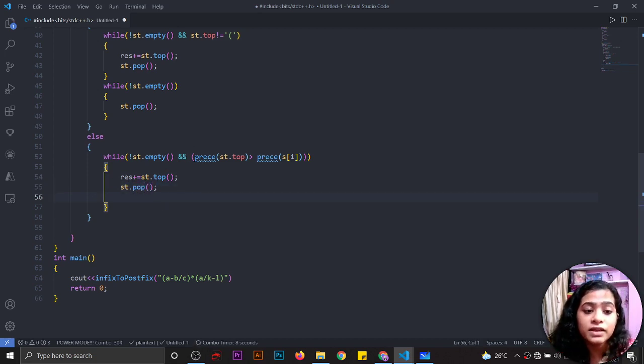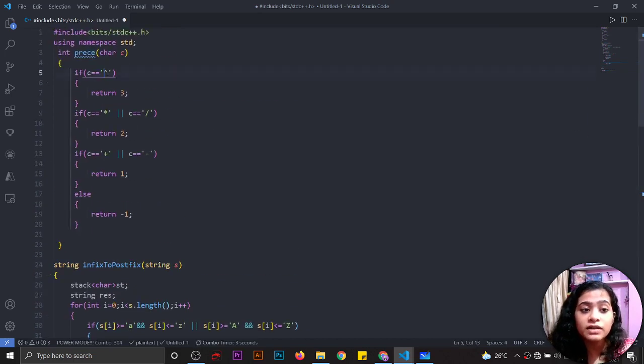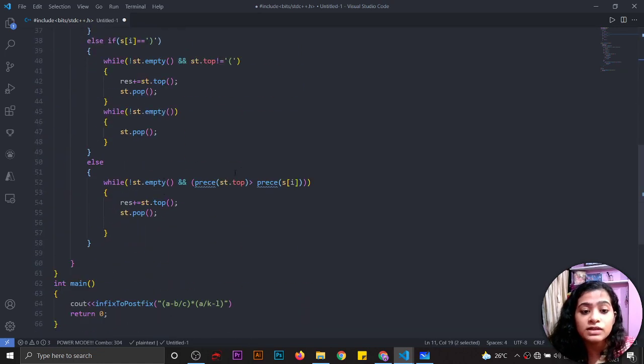Like in this function, we are checking the precedence of the operators. Like if we encounter 2 and if 2 is greater than 1, for example, here minus operator we are encountering, then only this expression will be evaluated or the further calculation will be proceeded. And if not, the else statement will not be performed.